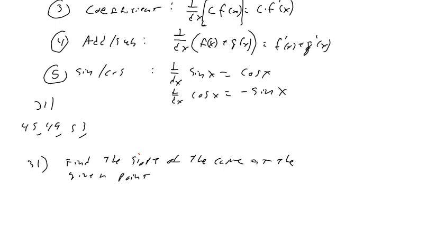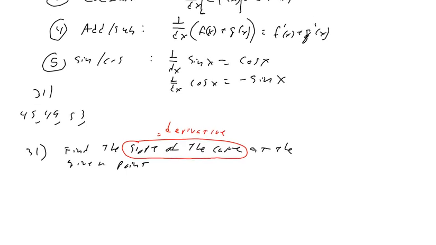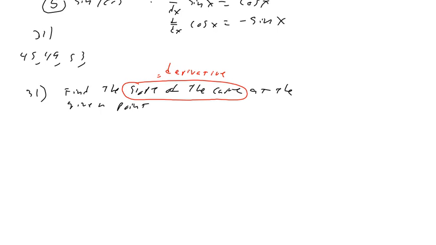When you see this phrase, slope of the curve, this phrase means the derivative. That means you're looking for the derivative, right? The tangent slope of a curve.